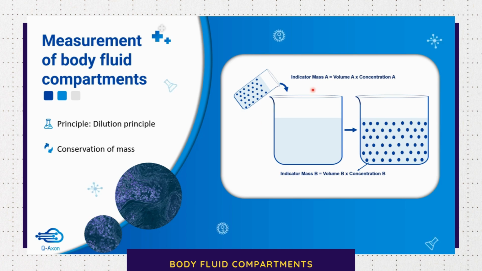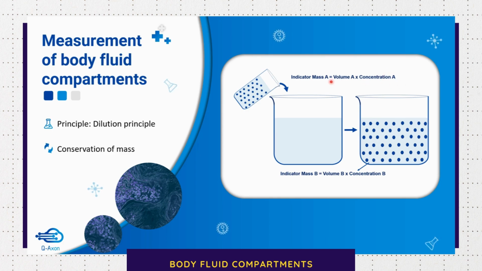Let's call it mass A. Now we dilute this substance in a particular volume, let's call it volume A. When this substance equilibrates in this volume, it will achieve a concentration, that is concentration A. Now we know that mass A is equal to volume A into concentration A. This is a fundamental principle.